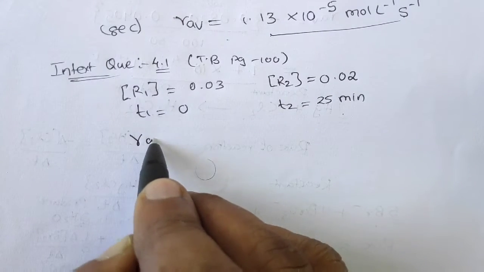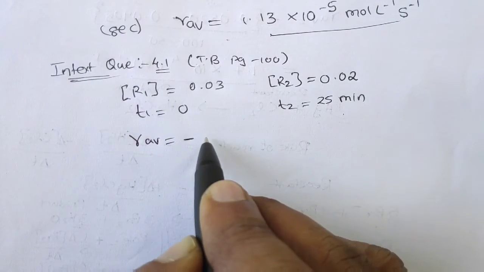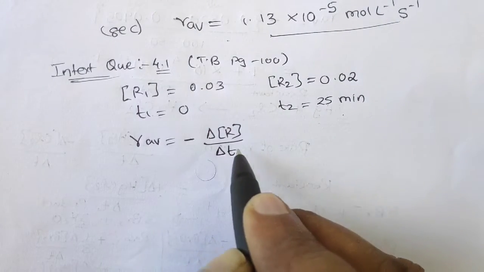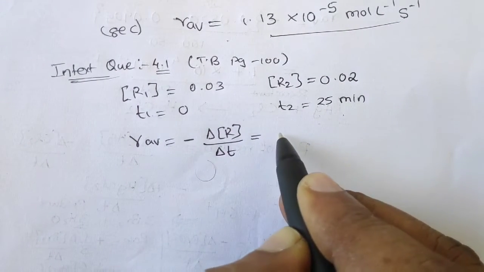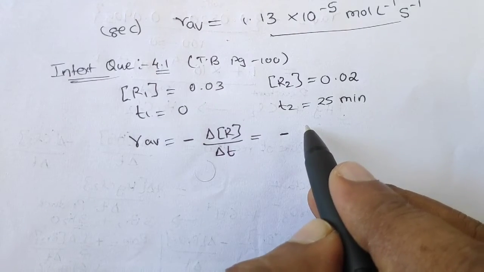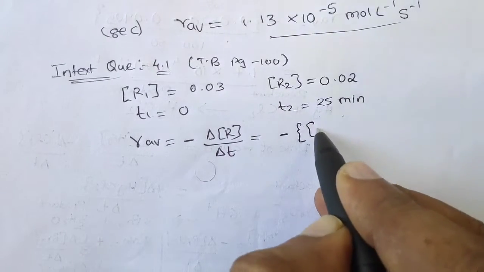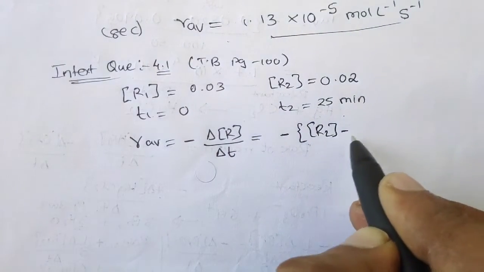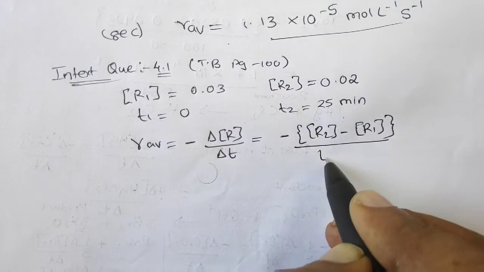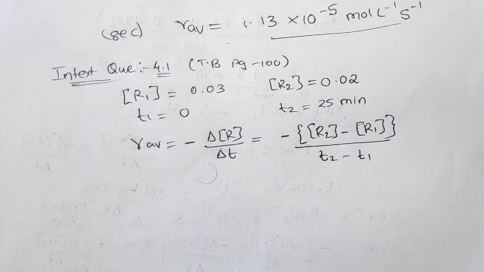So we know the formula, R_av is equal to minus change in concentration of reactant upon change in time, or can also be written as minus concentration of R2 minus R1 whole upon T2 minus T1, right?